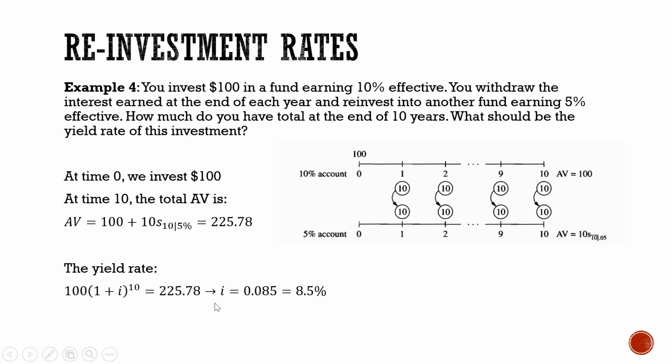And from here we solve for I, and I should be 0.085, so it's around 8.5%. So that's how we find the yield rate over the entire investment.